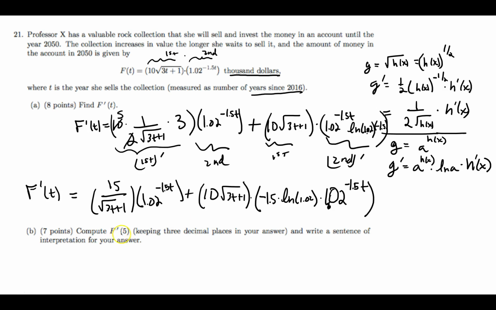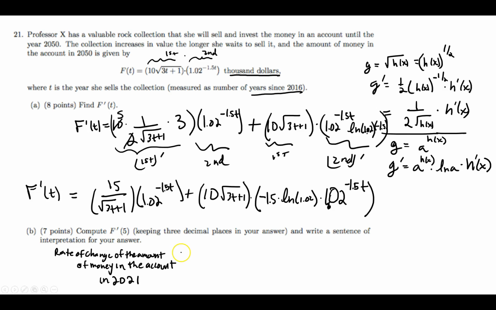F prime of 5 is the rate of change of the amount of money in your account in the year 2021, 5 years away from 2016.